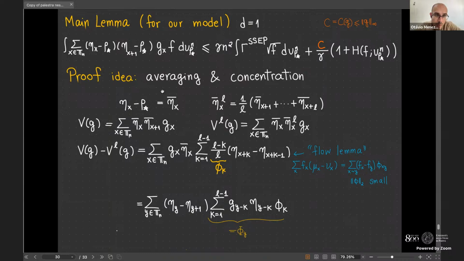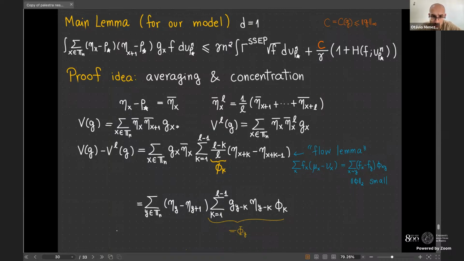So here is the idea. You start with your local function. In our case, it's just eta x. It's not more complicated. You define some averaged out version of it. You can average in a box to the right, and you can do something similar in higher dimensions.